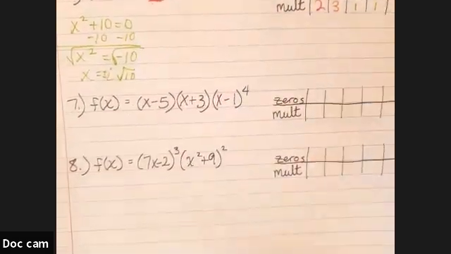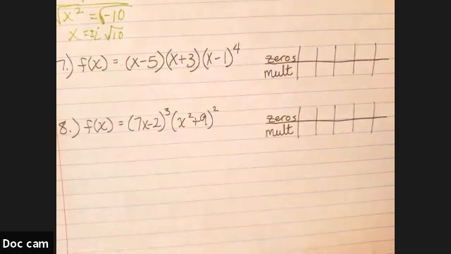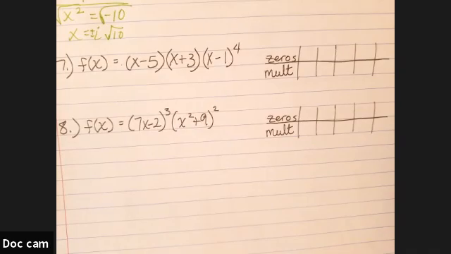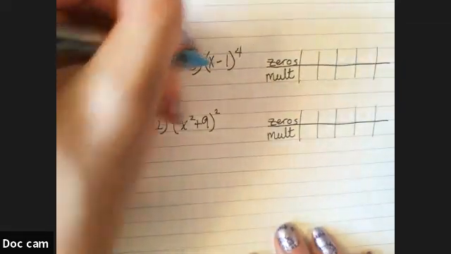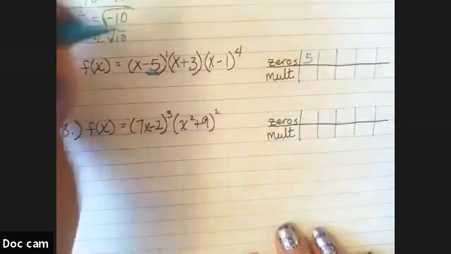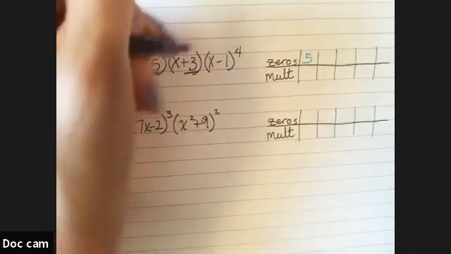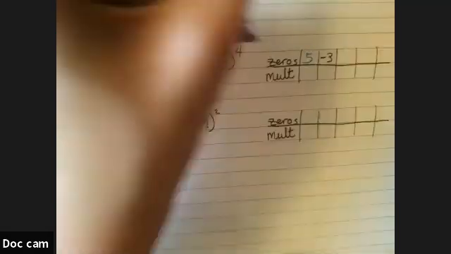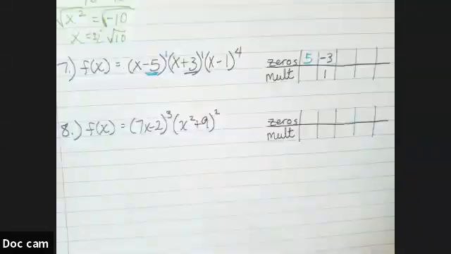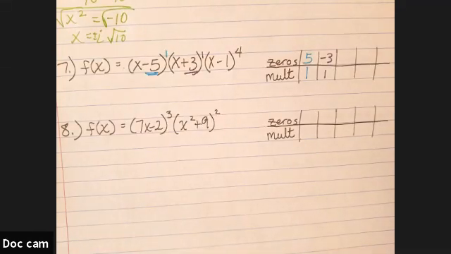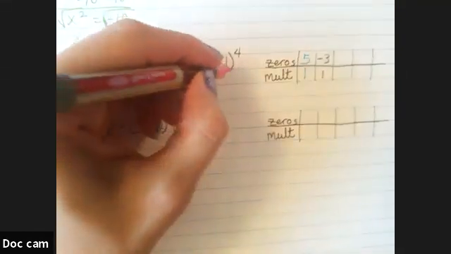Okay. Number 7. So I have a 0 of positive 5 with a multiplicity of 1. And then I have a 0 of negative 3 with a multiplicity of 1. And then I have a 0 of positive 1 with a multiplicity of 4.